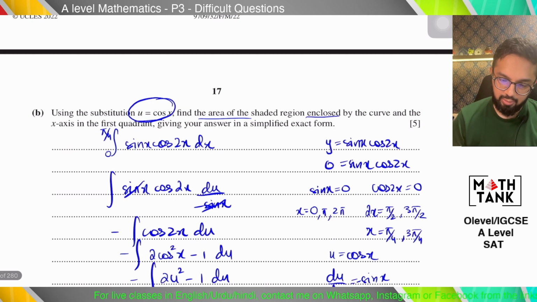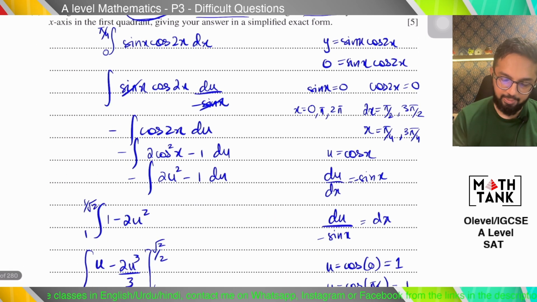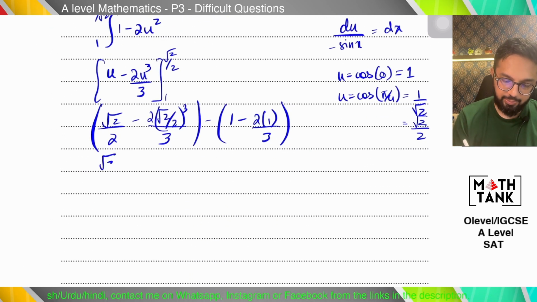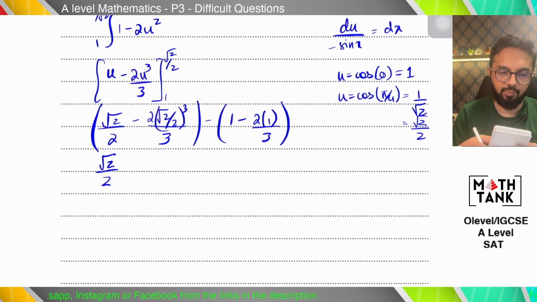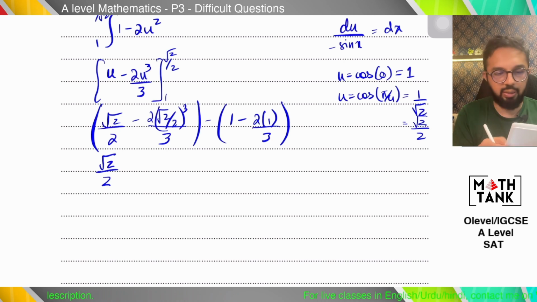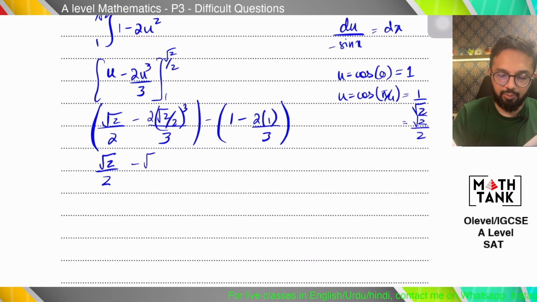Okay. Simplified exact form. So that's root 2 over 2. What's root 2 over 2 cubed? It's root 2 over 4 into 2 divided by 3. So that gives me root 2 over 6 minus 1 plus 2 over 3.